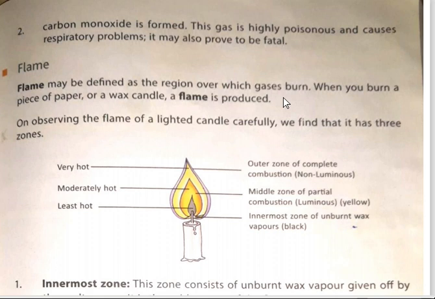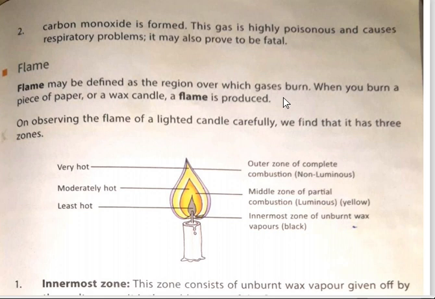Especially, it forms carboxyhemoglobin when inhaled by a human being, and that hemoglobin does not carry oxygen, which causes a lot of problems for us. It may be fatal for human beings. So we should try to avoid incomplete combustion.